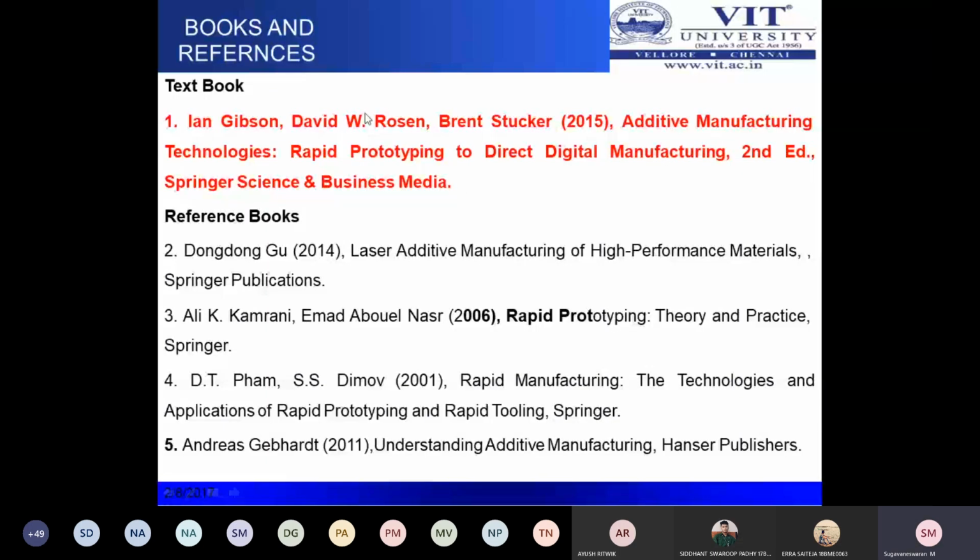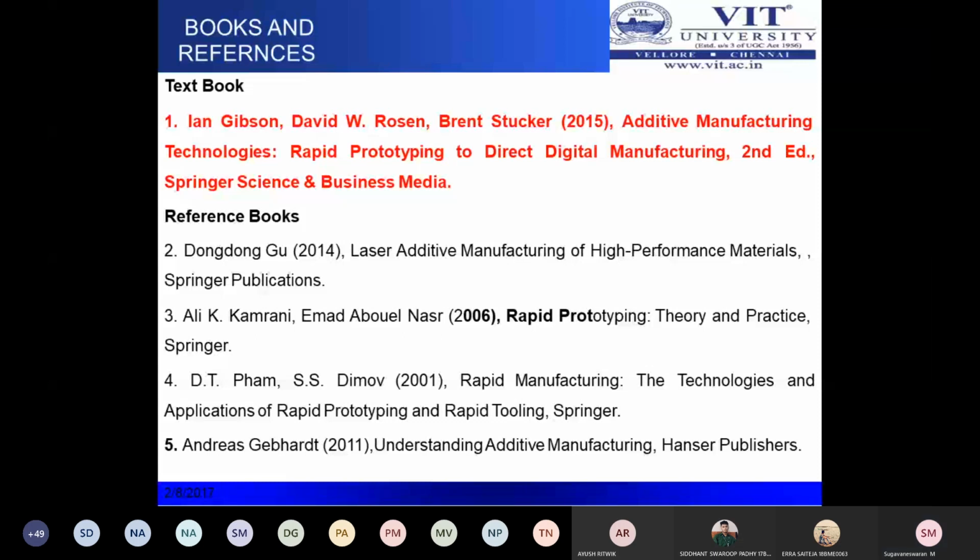The textbook, as mentioned in the syllabus, is by Ian Gibson, an open access textbook. You can go to the Springer website, type this topic, and directly download the textbook. This textbook will be useful for you to learn some of the topics for this subject, and this is a research based subject. It is generally offered for postgraduate students.